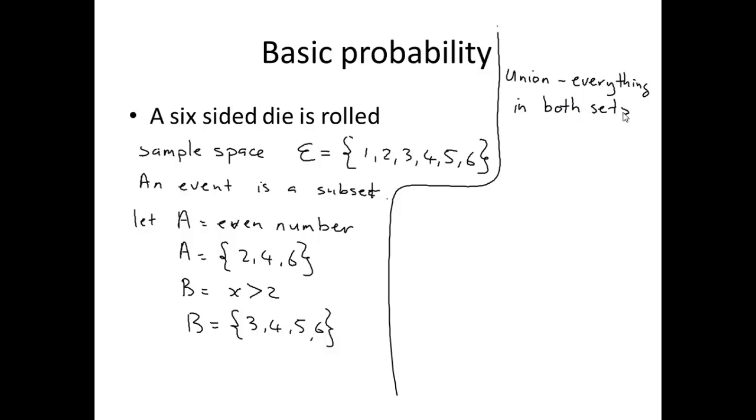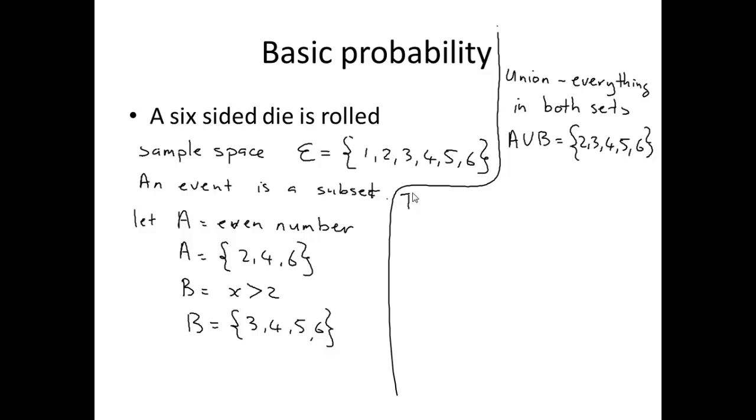So in this case, A union B, I use that U shape for union. Everything which is in both sets is 2, 3, 4, 5, and 6. Notice each element only gets counted once. Even though the 4 and the 6 are in both, we only count them once.